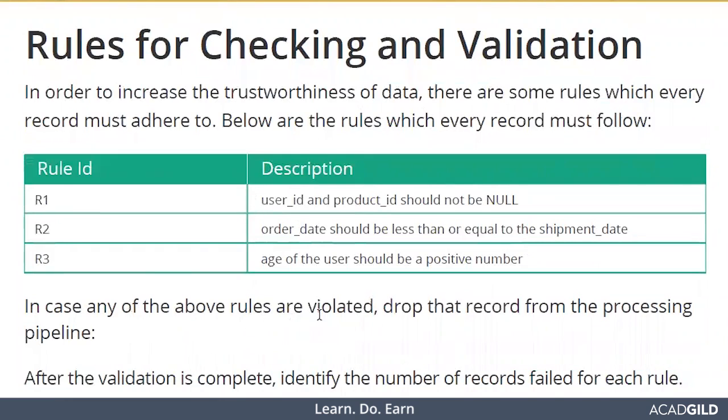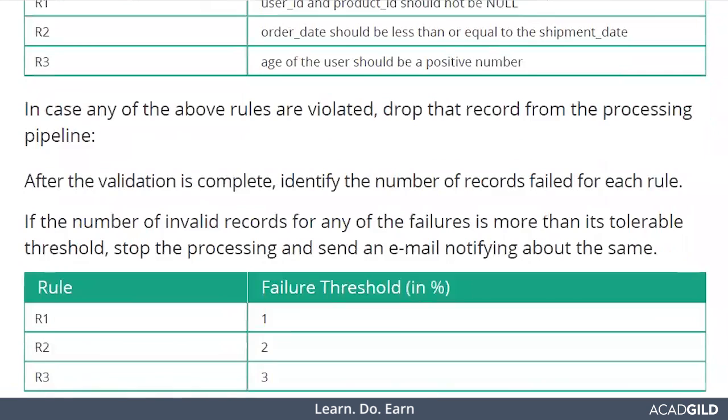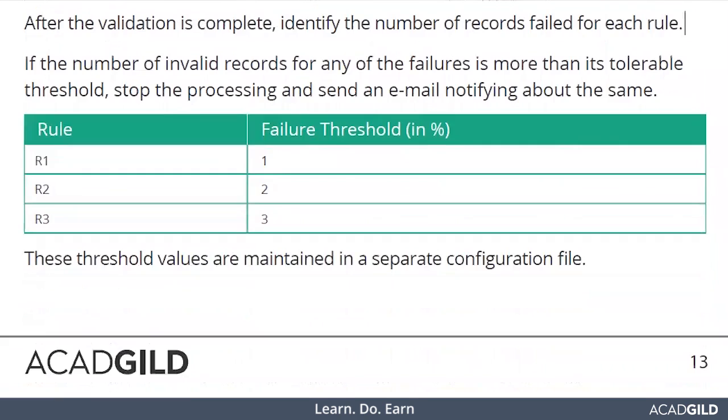In case of violator, drop the records from processing. After validation, identify the number of records failed for each rule. So we need to write some query also to identify how many failed records are there. Then if the threshold has been reached, we need to stop the processing also.